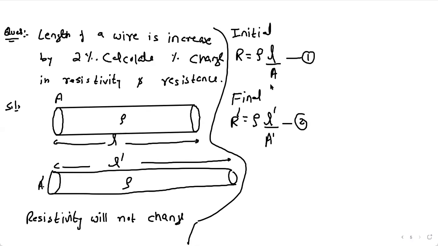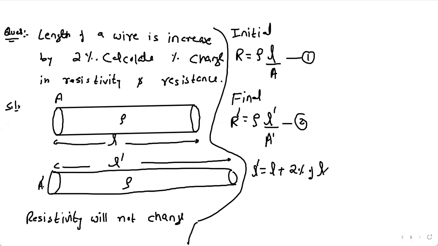Abdullah, can you relate L prime and L? How will you relate them? So L prime is equal to L plus 2% of L. You are increasing length by 2%.